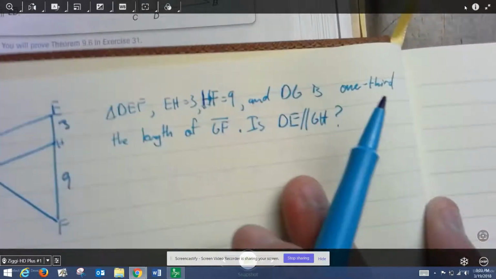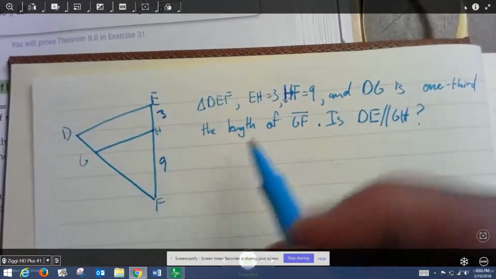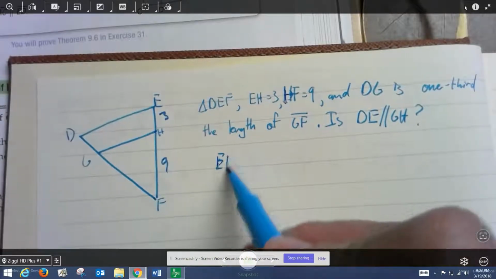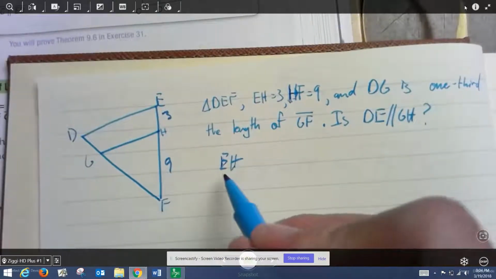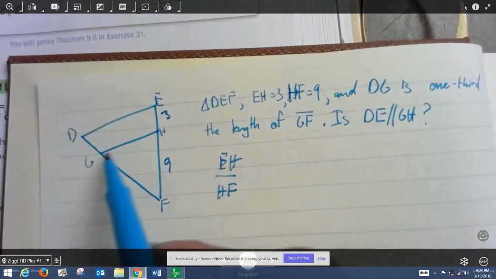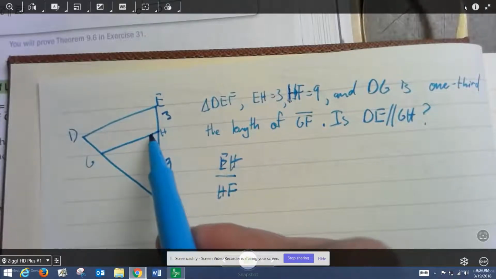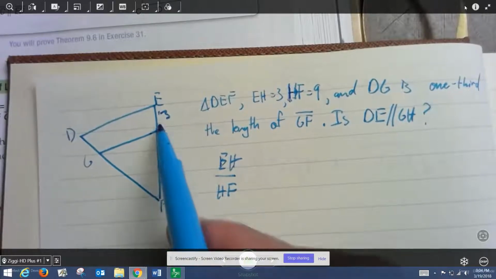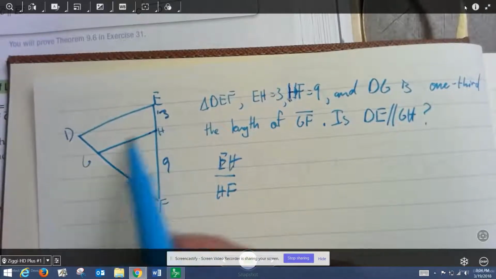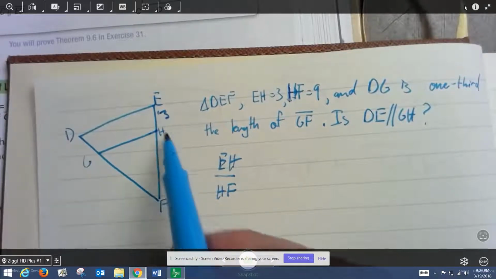So the first thing that we're trying to prove is, first, write out the ratios that we want. We want our ratio to be EH. Who do we compare EH to? Well, it's going to be HF, because supposedly if these two lines, DE and GH, were parallel, then it should cut EH and HF into parts creating a ratio that's proportional to the ratio of these guys.